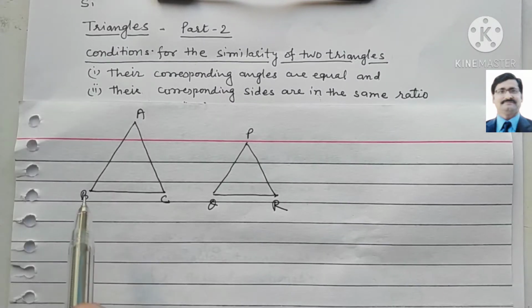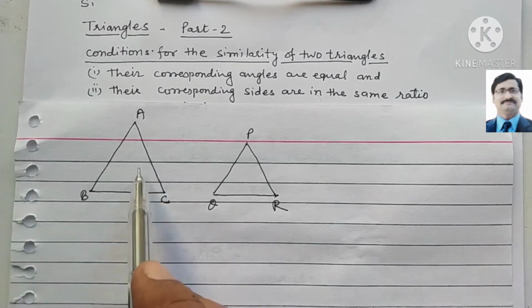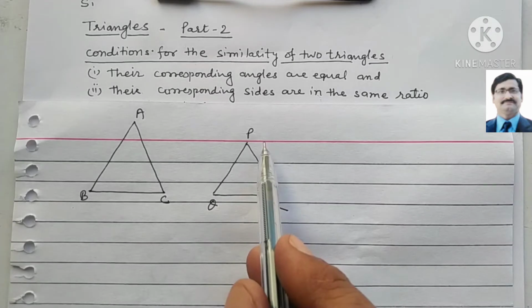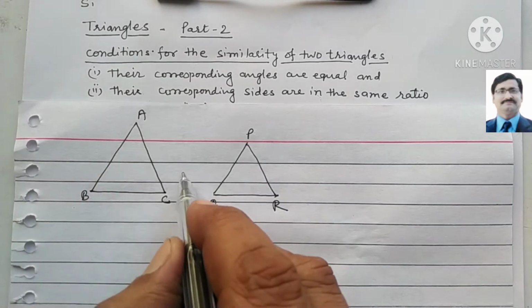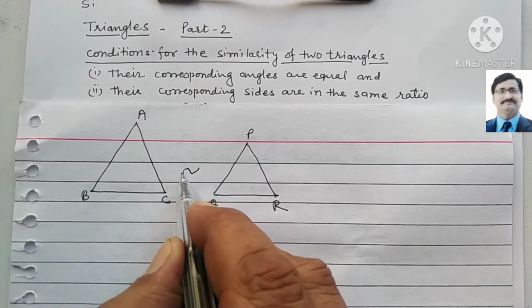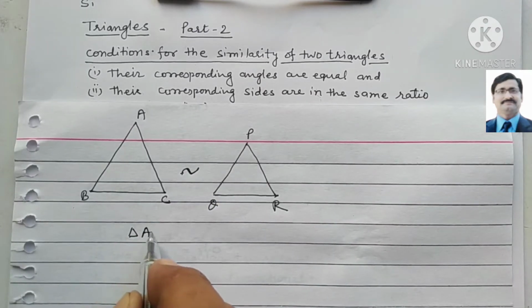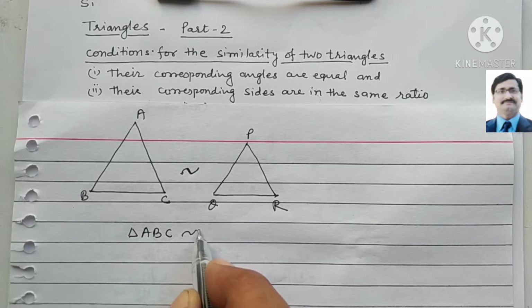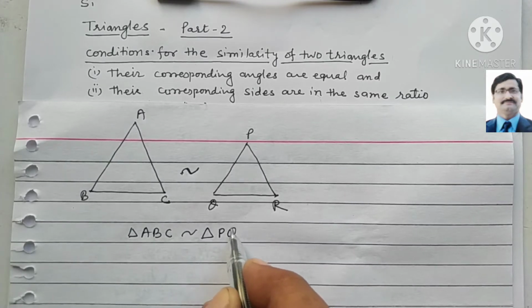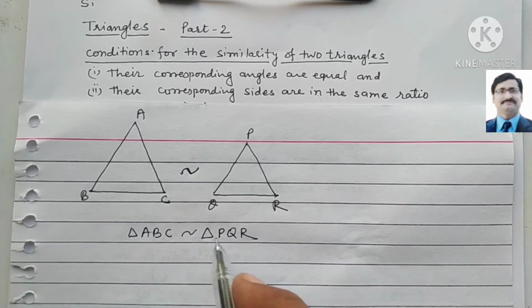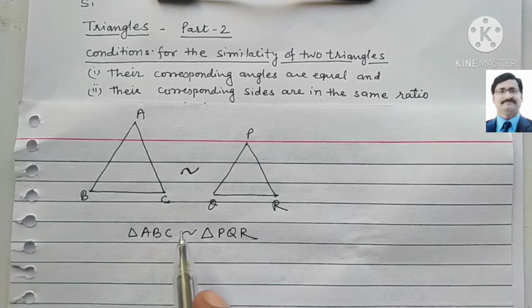Look here, we take two triangles, ABC and PQR, and these two triangles are similar. We use this sign for similar, and we can write triangle ABC is similar to triangle PQR. Similar means corresponding angles are equal.